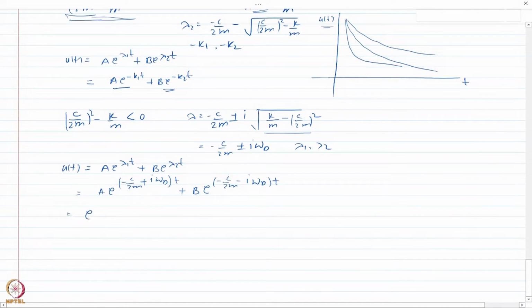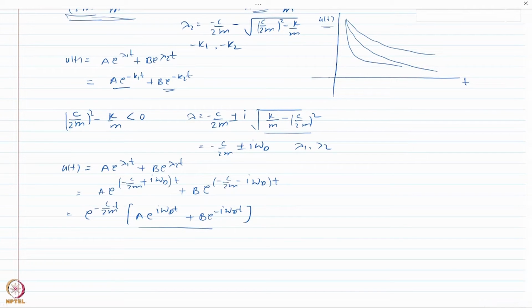Okay, so I get this one, and inside I'm remaining with e to the power i omega_d t plus b e to the power minus i omega_d t. And if you remember from your undamped free vibration, when we derived the solution for that, I know that I can write e to the power ix as cos x plus i sin x, and e to the power minus ix equal to cos x minus i sin x.